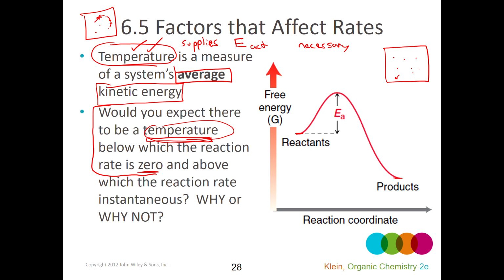Any sample at some temperature, the temperature doesn't tell me that all the particles are moving at the same speed. Some are moving faster and some are moving slower. So there'll always be some fraction of the molecules that are moving fast enough that they'll collide with enough energy to produce a transition state and start to make the products.